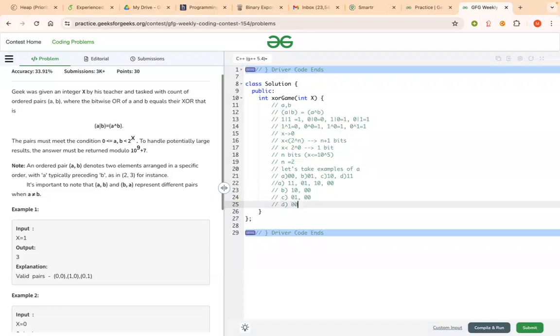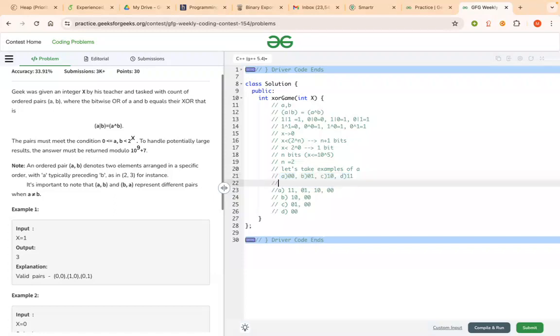Yeah, so in total you can see for n equals to 2, like for 2 bits, we have 9 options, right? These 9 options for b. If a, we can take either of these, then these are the examples for another number b.